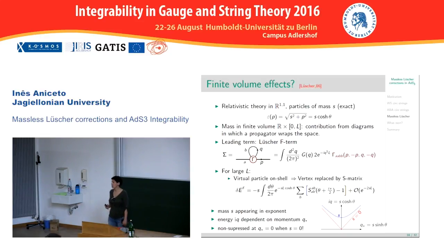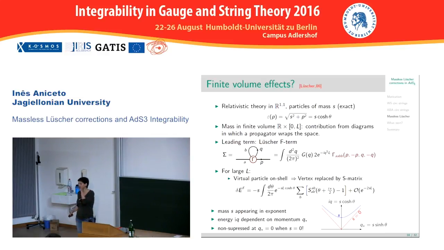But what happens when the mass is zero? When the mass is zero, if I look at the energy, this exponential is still exponentially suppressed for any finite distance from the momenta equals zero.